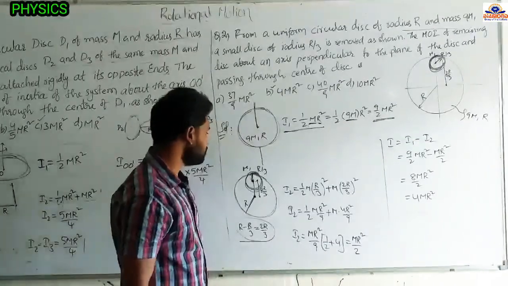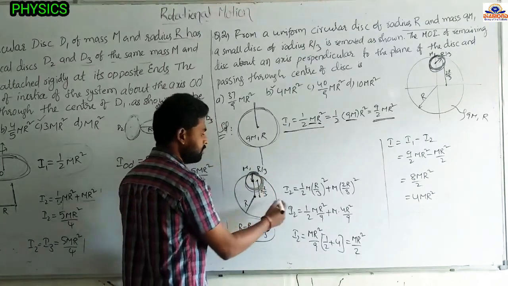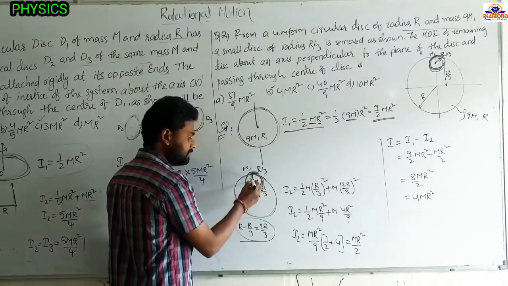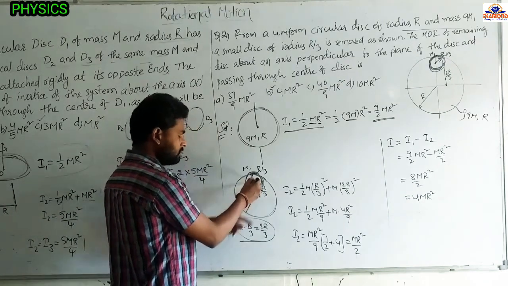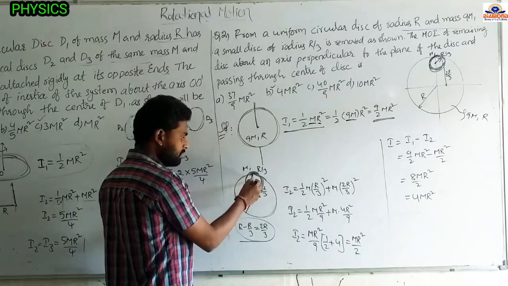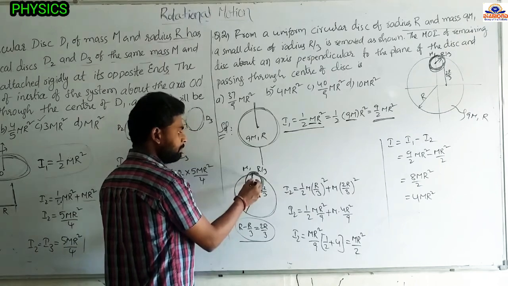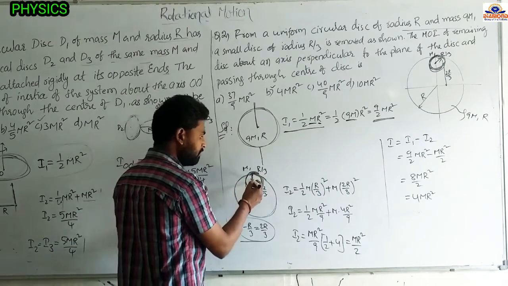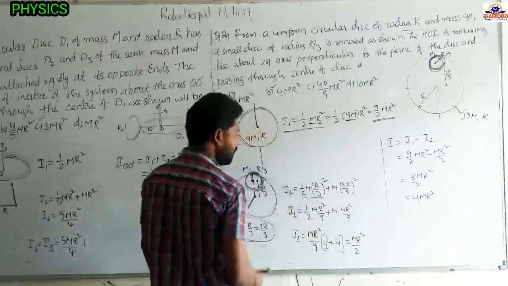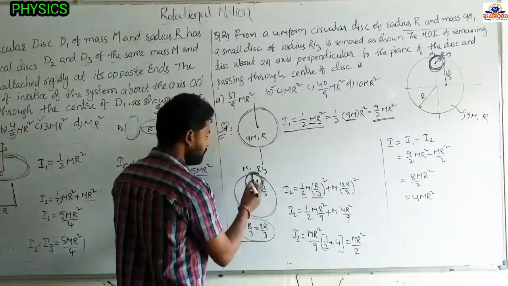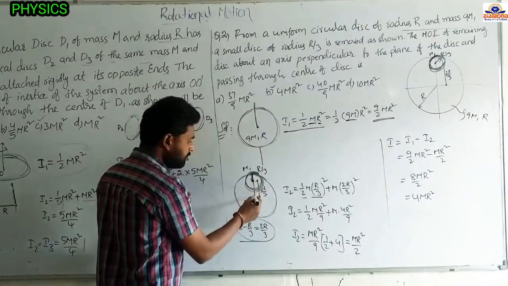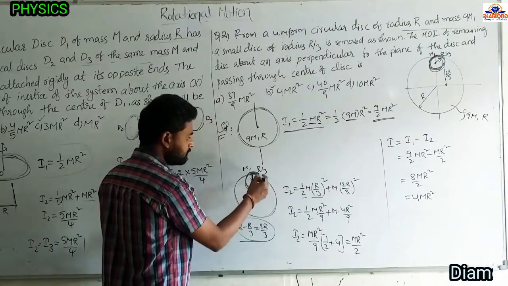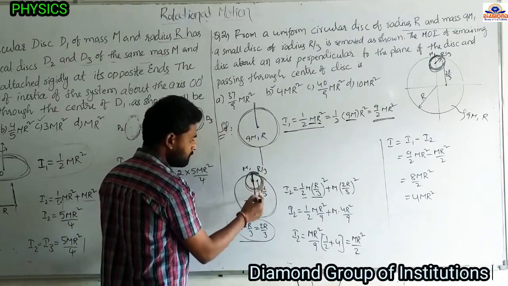So from the parallel axis theorem, the moment of inertia I2 equals: about the axis through its own center, perpendicular to the plane, the moment of inertia is half m r square, with radius r/3 whole square, plus the mass of this disk times the distance between these two parallel axes squared.